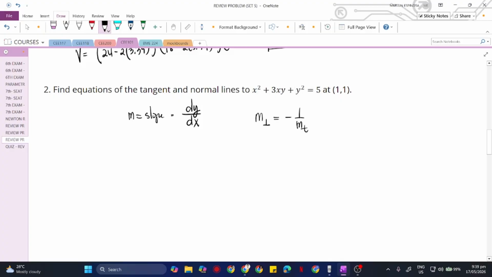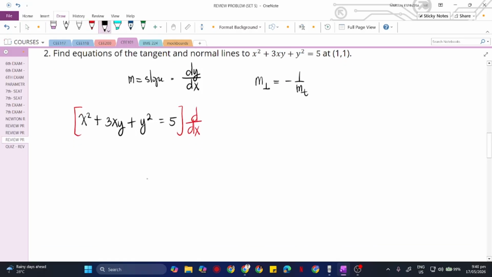Okay, so therefore we just need to find the first derivative of the given curve. Let me just rewrite it. Obviously we have here a term that is a product of x and y. So here we will be using implicit differentiation to take the derivative of each term with respect to x.